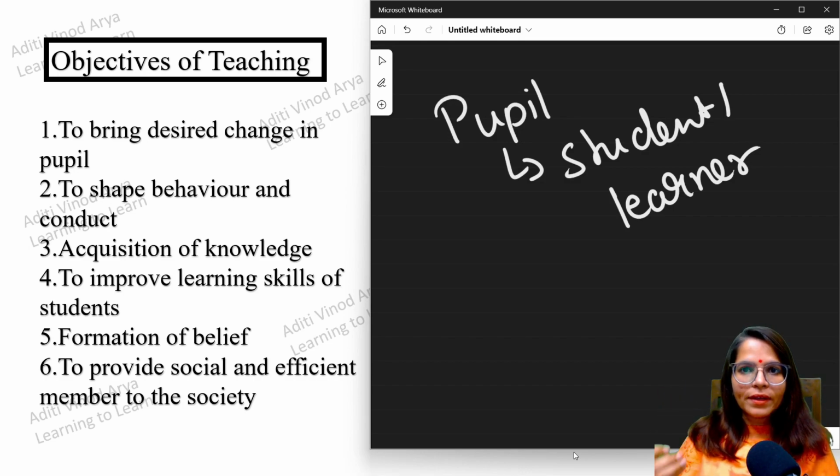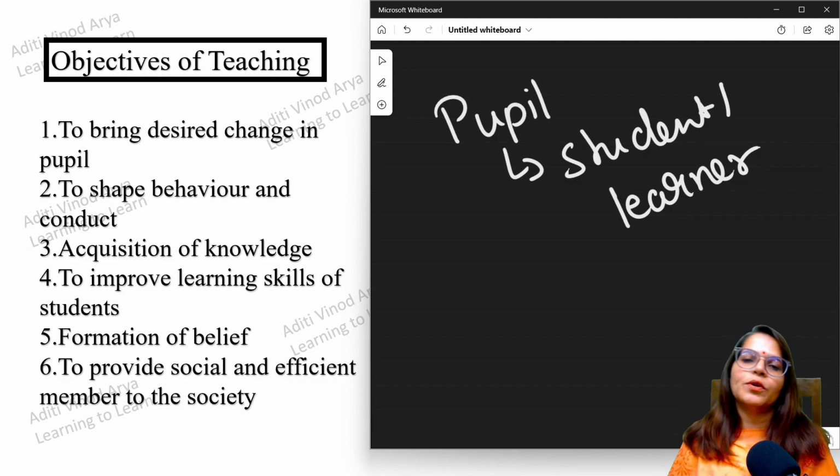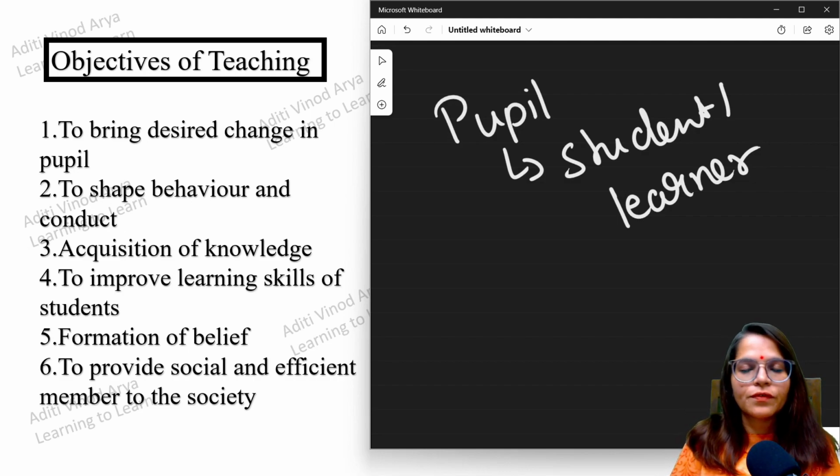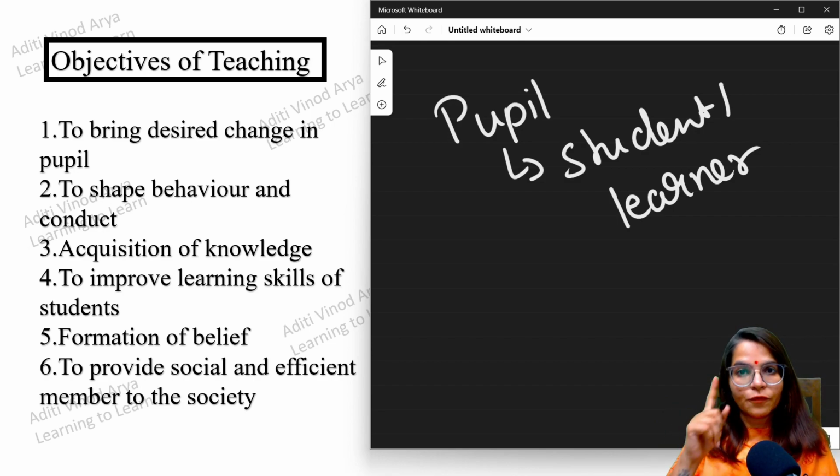To modify the behavior, to change the behavior, to make the student understand the topic, to give him the exact knowledge which is required, we do this particular teaching. So objectives of teaching, the first is to bring the desired change in the pupil. That is the first main objective.